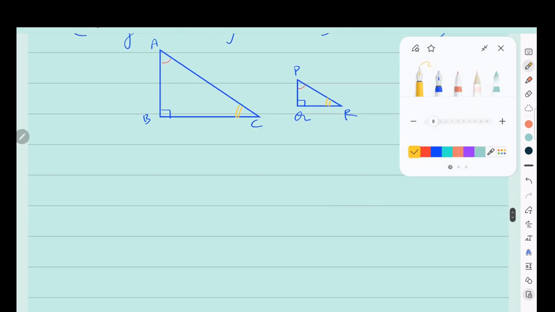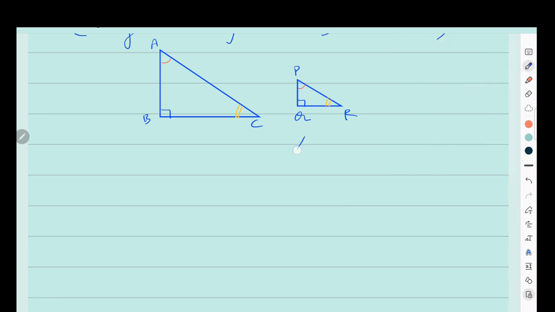So all angles: angle A should be equal to angle P because that is the corresponding angle. Angle B should be equal to which angle? Angle R. And then angle C should be equal to angle R. No, I think angle B should be equal to angle Q because that is the right angle in this case, okay?